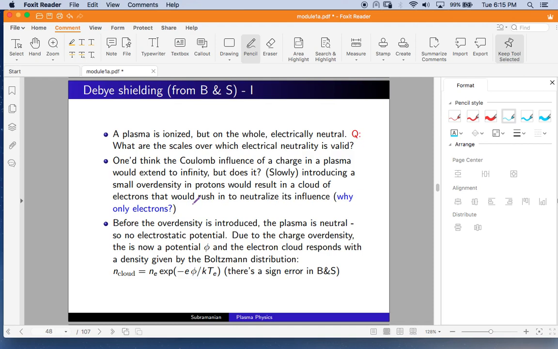Now, before the overdensity is introduced, the plasma is neutral. By definition, that's what we did. We started off with neutral plasma, so there's no electrostatic potential. Now, due to the charge overdensity, there is now a potential, and the electron cloud responds with a density given by n_e = N_e e^(-e phi / kT_e).